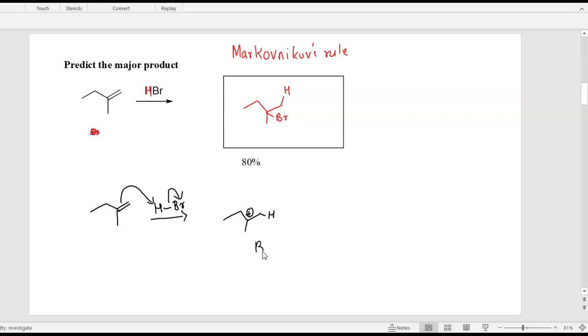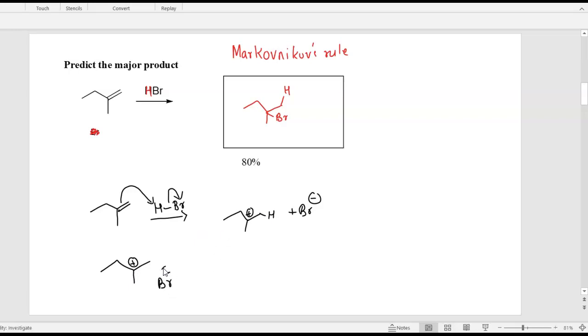In the next step, what happens is Br minus, which was kicked off here in the first step. Okay, look, Br takes the electrons, so it gets a charge here. It will go ahead and, or maybe we can do it in the next step. All right, let's show it as a next step. Now I'm not going to draw the hydrogen, okay, because it's understood that the hydrogen is there.